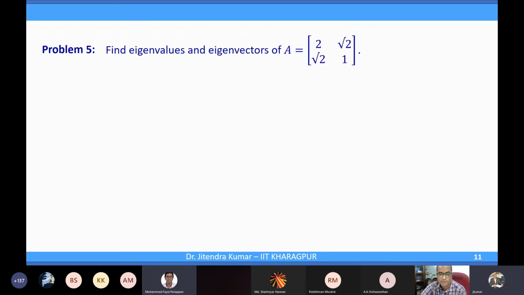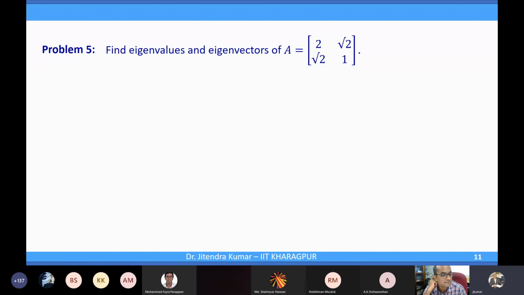So find eigenvalues and eigenvectors of A, with entries 2, square root 2, square root 2, 1. The applications, we will not be covering many, but I am sure in many of your other lectures, maybe in second year or third year, you will come across eigenvalues and eigenvectors. Here you learn from a mathematical point of view, but there are lots of applications, and eigenvalues tell a lot about the matrix.